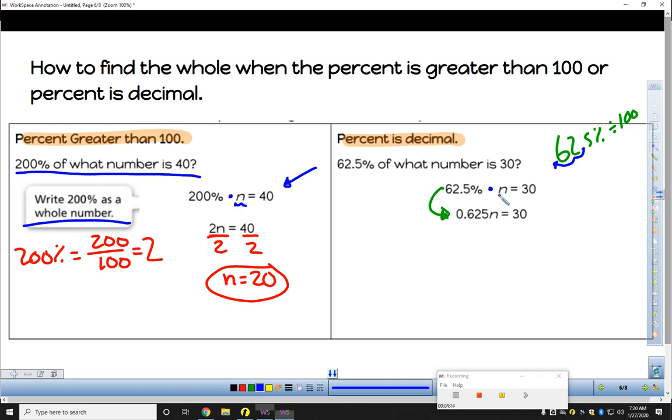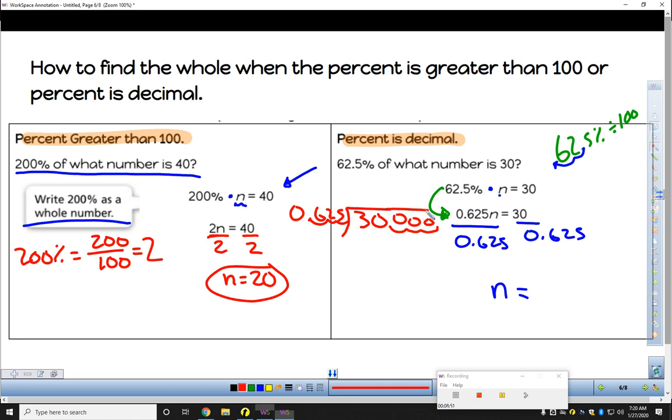And then to solve this, we're just going to divide by 625 thousandths. You get n by itself. Get rid of the decimal. So I have none, none, none. I have 4.